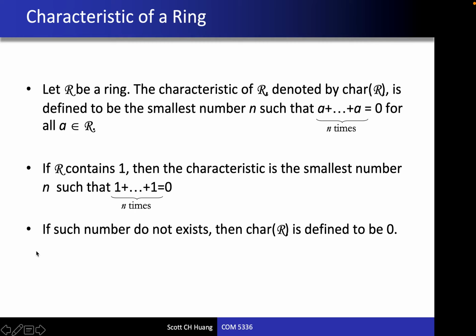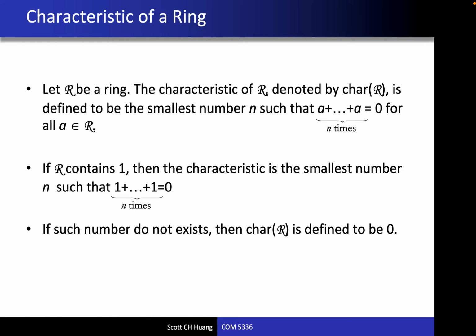Sometimes such a number does not exist. A very easy example is the field of real numbers. You add 1 to 1, you get 2, and then you add 1 to 1 to 1, you get 3. So we have 1, 2, 3, 4, and then it goes to infinity. Since the field of real numbers is an infinite set, it does not violate anything.